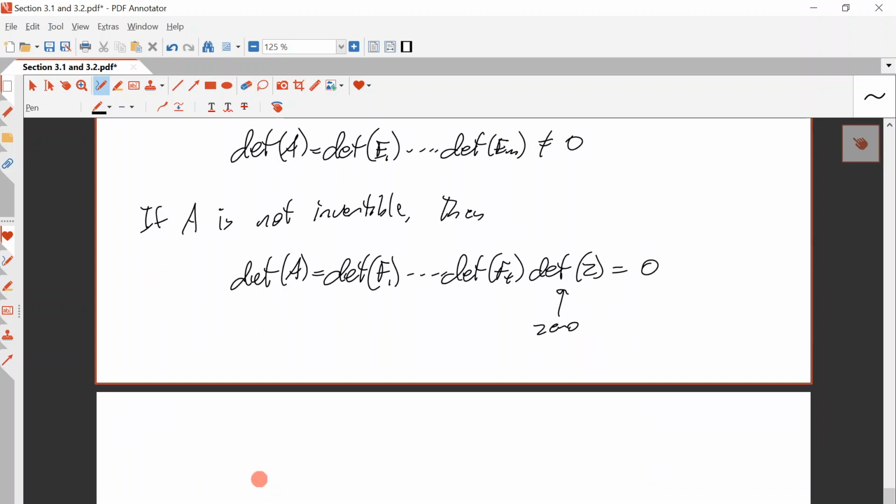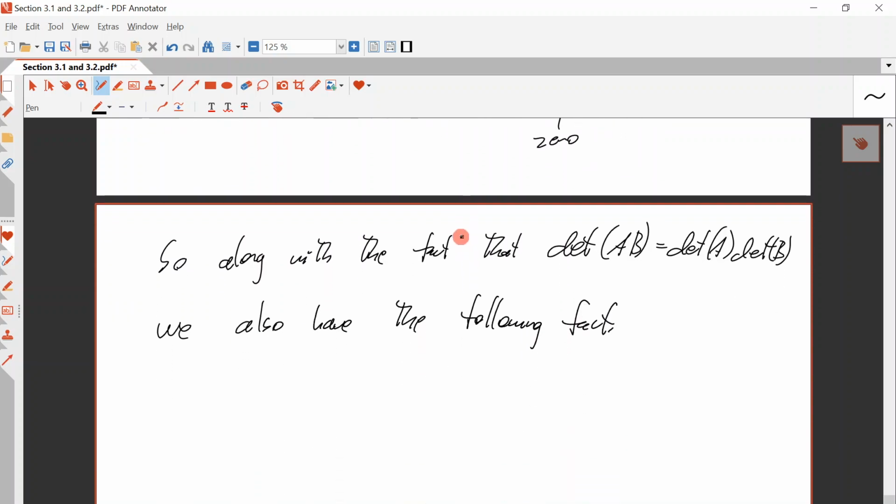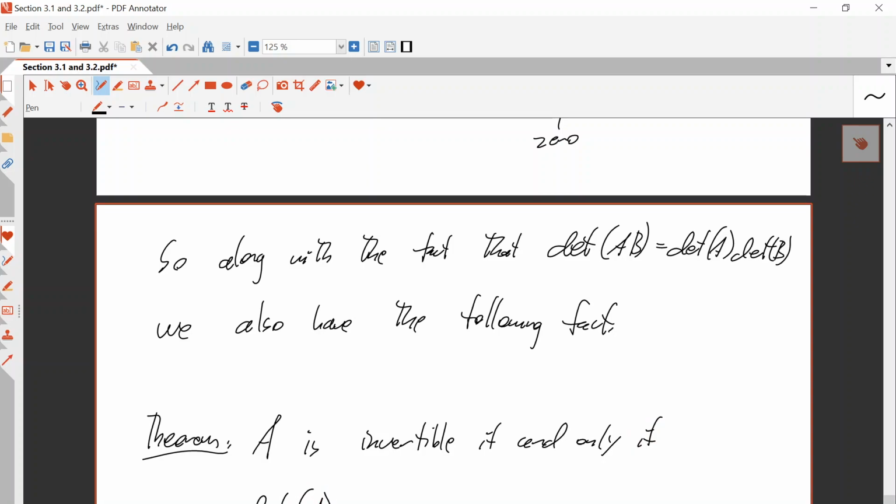So, along with the fact that determinant AB is determinant A times determinant B, we also have the following fact: A is invertible if and only if the determinant of A is non-zero.